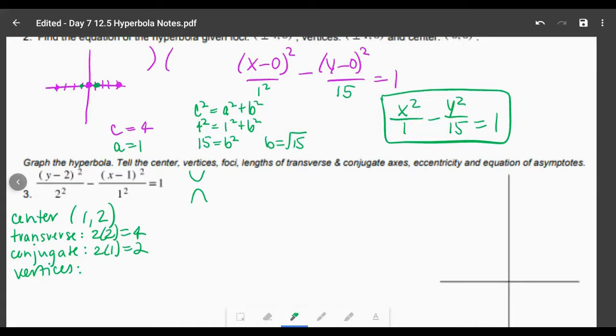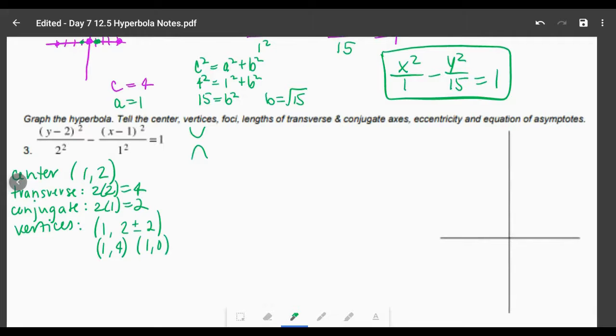So I know that for my vertices, it has to go in the y direction from the center, which is (1, 2). So my y coordinate will change by whatever a is, and a is 2. So that's going to be (1, 4) and (1, 0). We can start to graph if we would like.